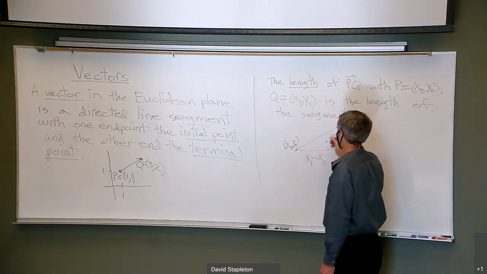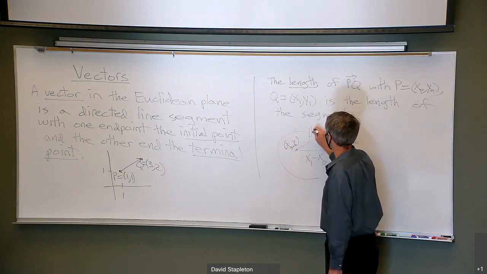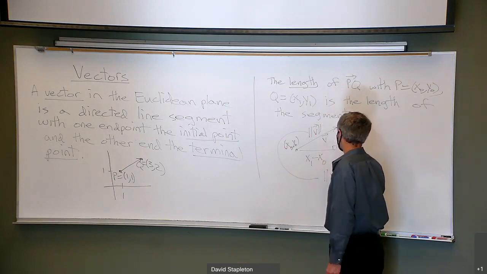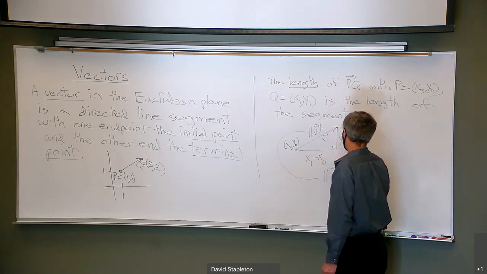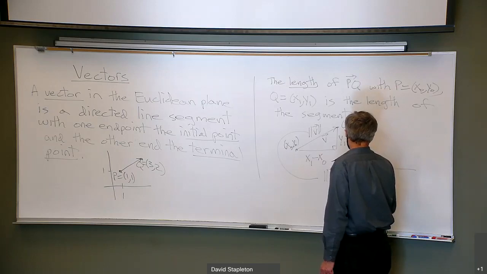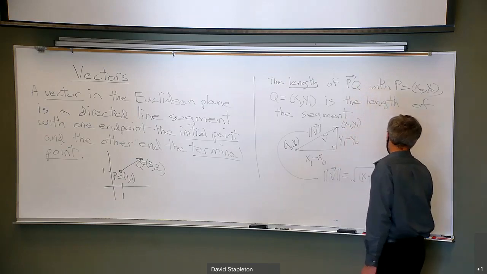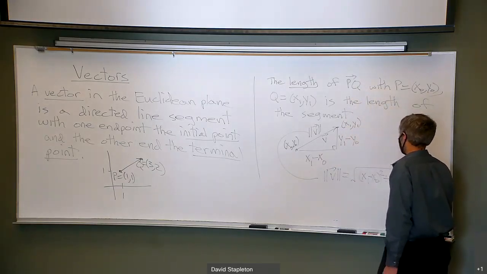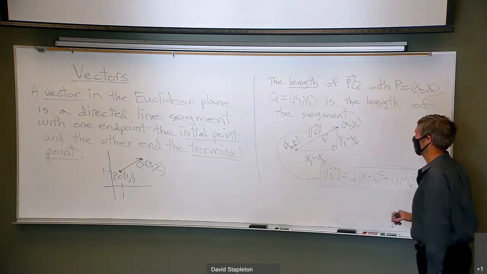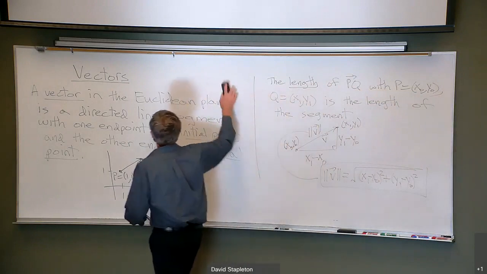By the Pythagorean theorem, the length of this side, which we will call the length of V, if this is the vector V, is the root sum square: the square root of (x1 minus x0) squared plus (y1 minus y0) squared. There's the first definition regarding some property of vectors.